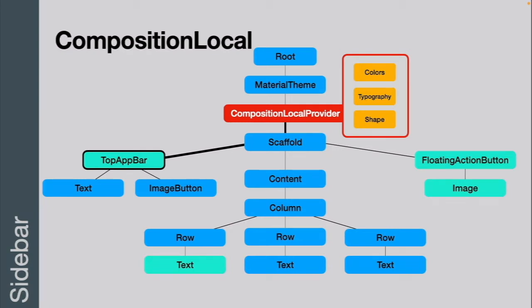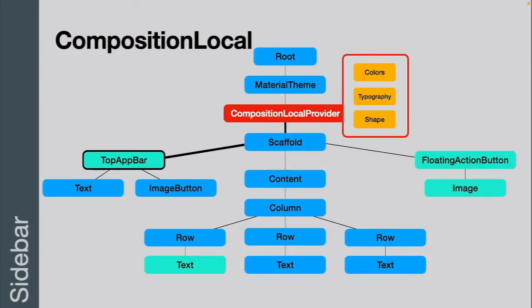This is a really powerful system because, we'll take a look at it later, but you can have multiple composition local providers interspersed throughout the tree that override each other. That allows things like your top app bar to not need to understand the state of the rest of the system or the state of the world, or worry about feature A over here updating some sort of style that feature B is going to conflict with.